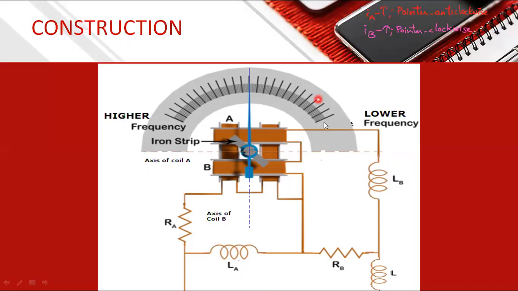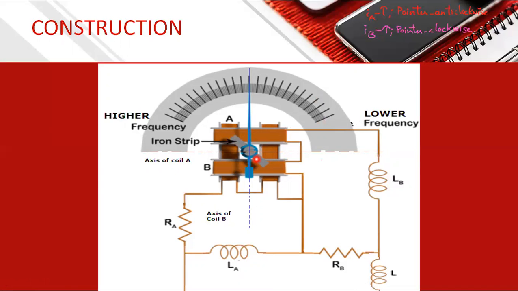Now what happens if current through coil A is equal to current through coil B? That means both the magnetic fields are equally strong. Hence, the metal strip will not tend to any direction because both are equally strong.